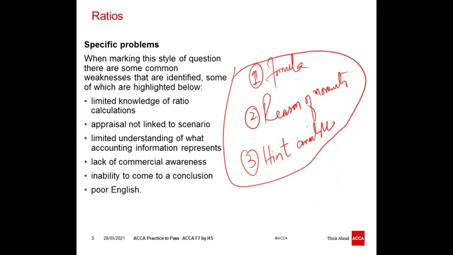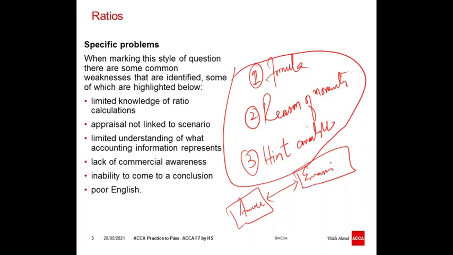Most of the students got confused in the ratios because whenever you write your own answer and match it with the answer of the examiner, you will find a huge difference. That is just an expectation gap.